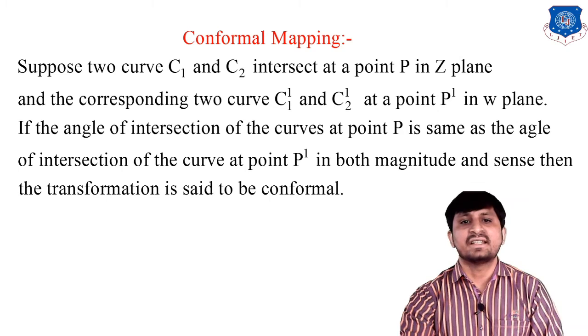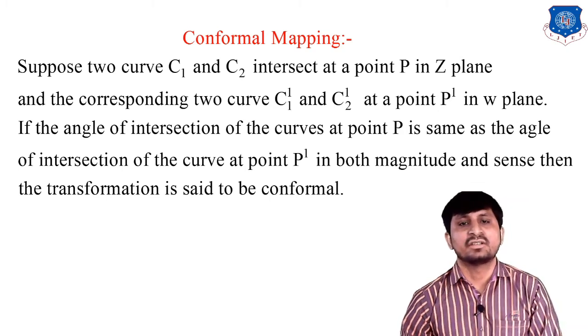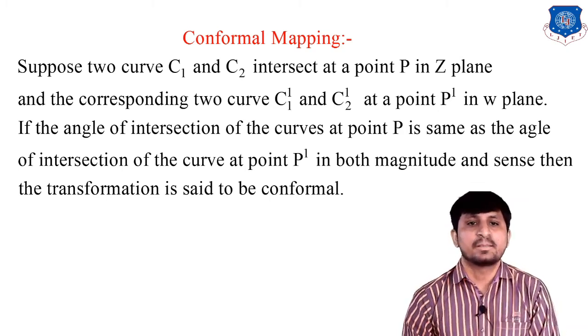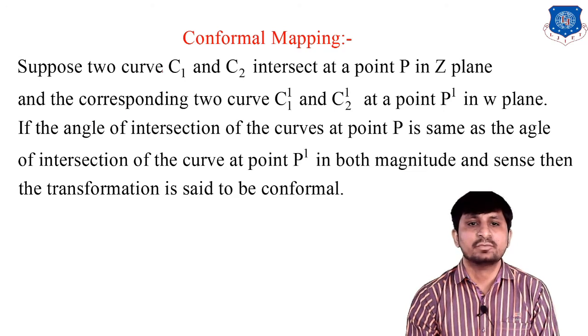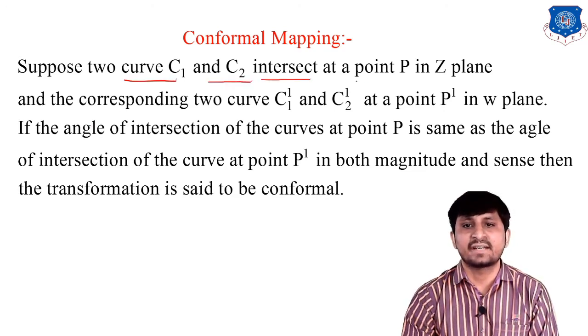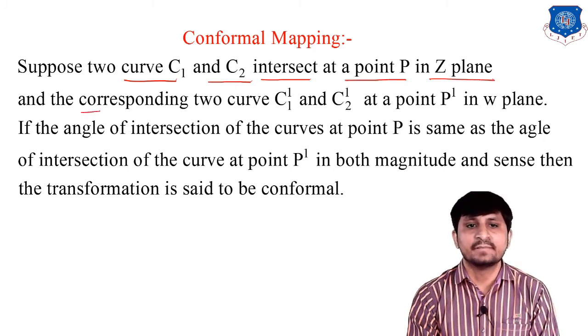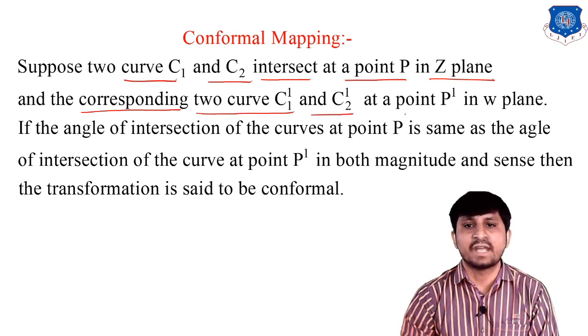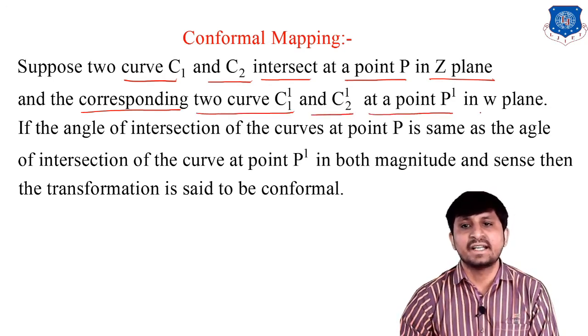So here you can see this is our definition for the conformal mapping. Suppose two curves C1 and C2 intersect at a point P in Z plane, and the corresponding two curves C1 dash and C2 dash intersect at a point P dash in W plane.